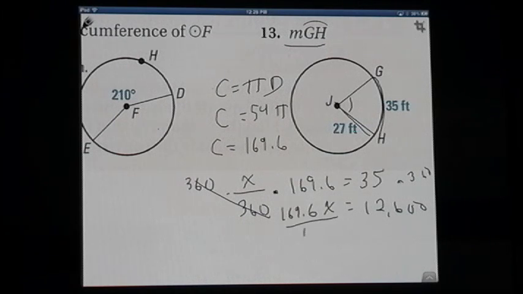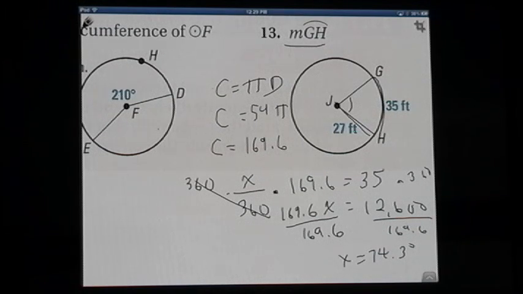And then we're going to divide both sides by 169.6. Each person will look at this a little bit differently, which is why I show you so many different ways to do it. And they're going to get 74.229, so 74.3 degrees.